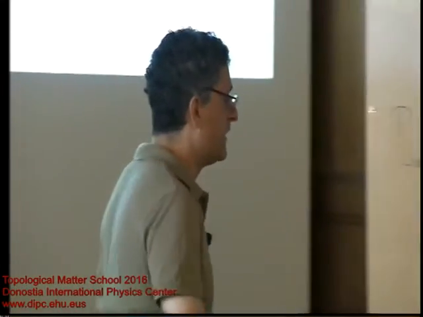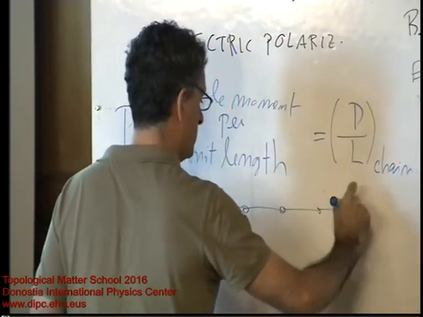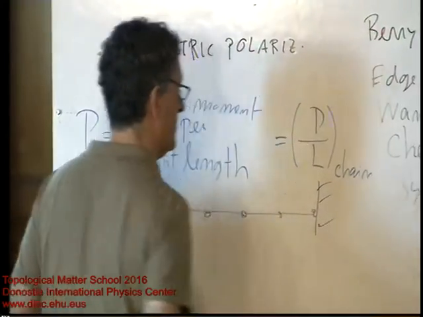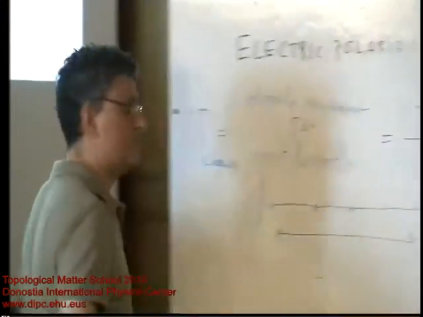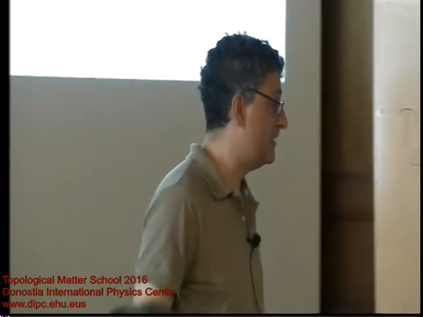Okay. So this is okay for a finite system that has a boundary, and it has some length L. But what about the periodic system? We like to do calculations under periodic boundary conditions. That's very convenient.